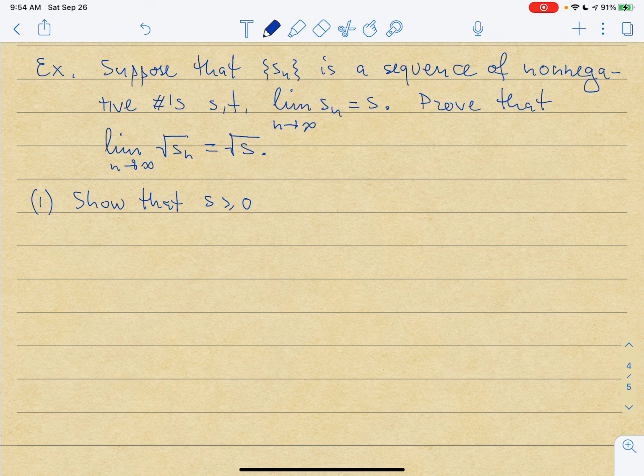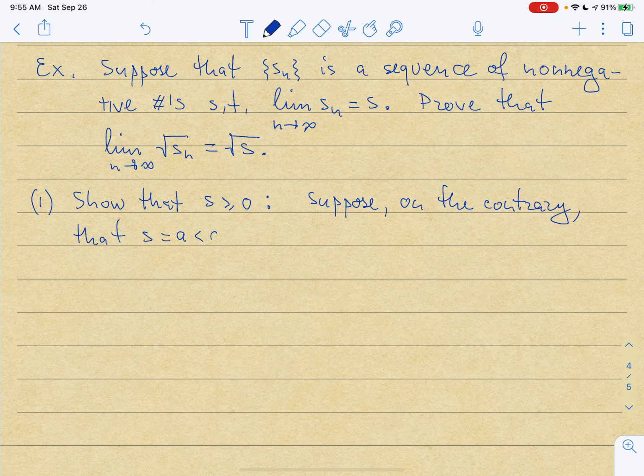How can I show that? In exactly the same way as I just did in the previous example of (-1)^n. I'm going to suppose, on the contrary, that S is equal to some A, and A is less than 0. Okay?